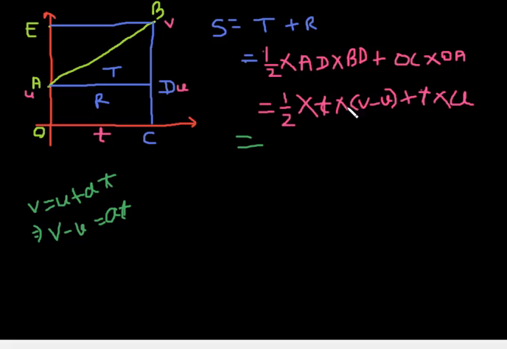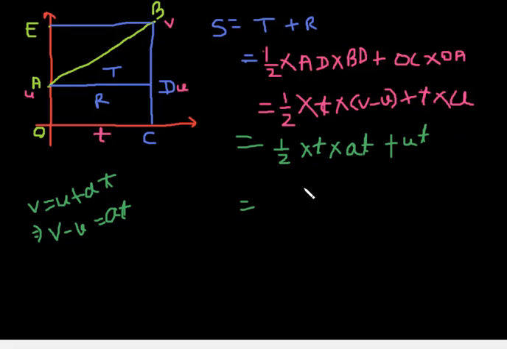So in place of V minus U we can write AT. So half into T into AT, plus T into U becomes UT.